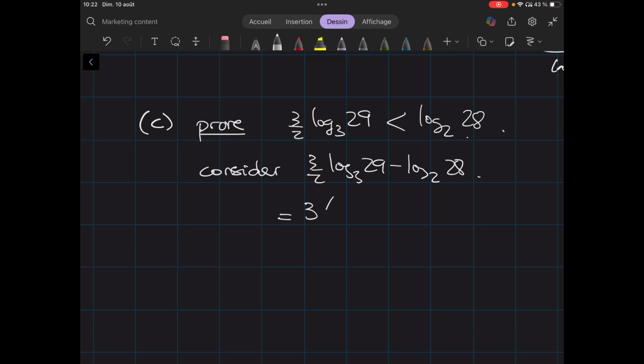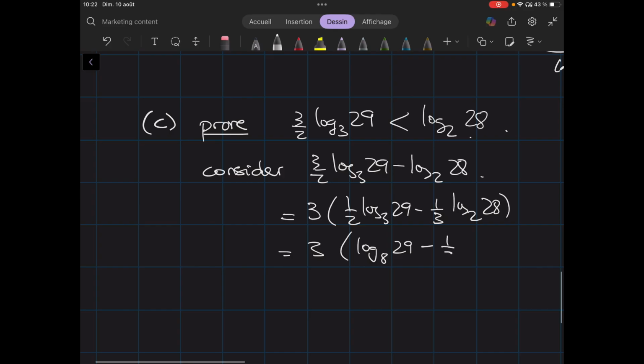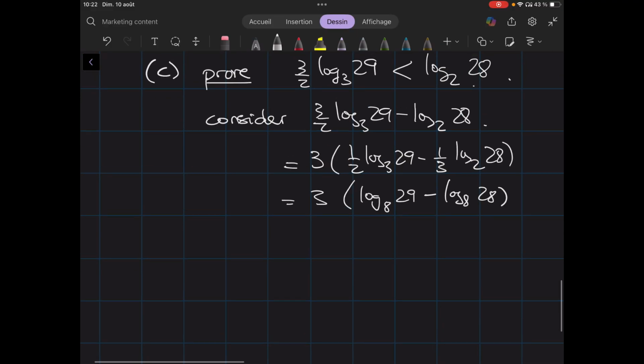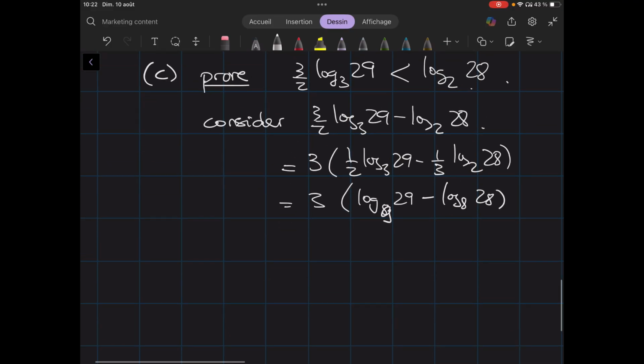And if we factor the 3 out, then change of base, it should be a 9.